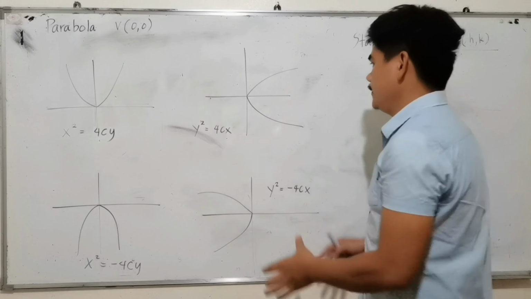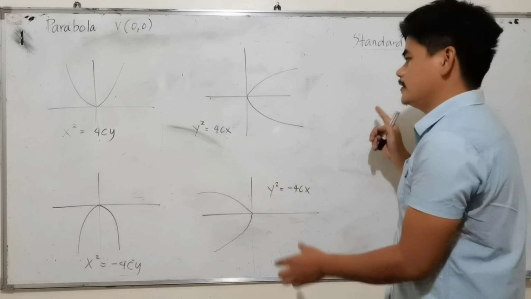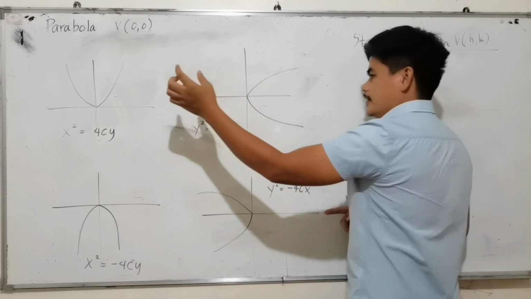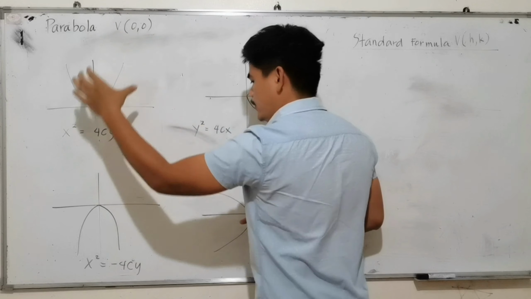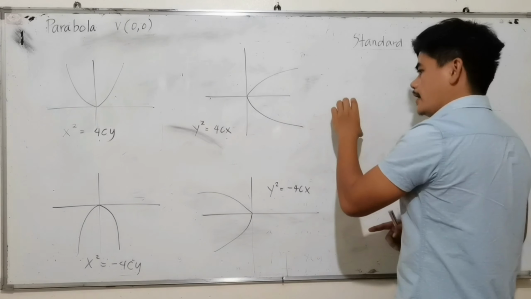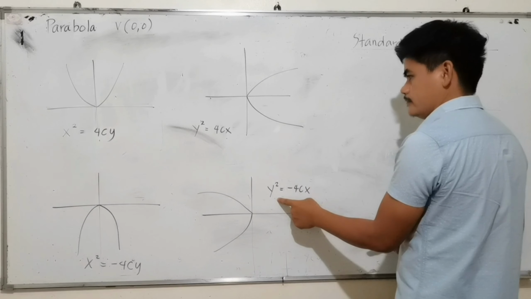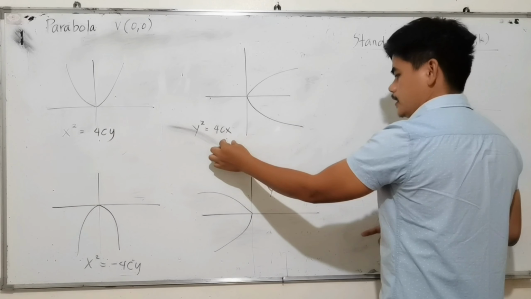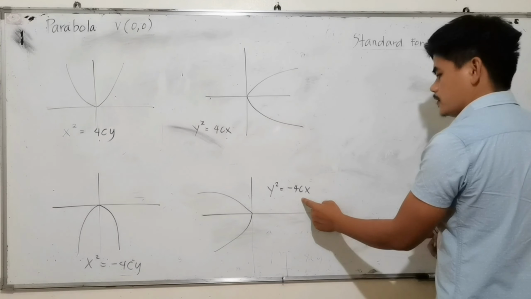If the graph is opening to the right, the y will be squared this time. Again, if x is squared, it can be opening upward or downward. But if the graph is opening to the right or to the left, the y is squared. So opening to the right, we have y squared equals 4cx. To the left, y squared equals negative 4cx.